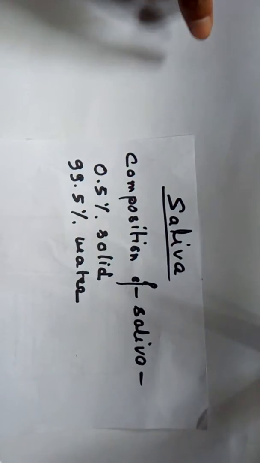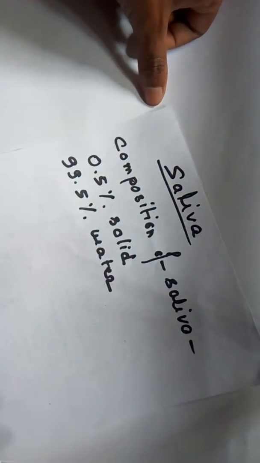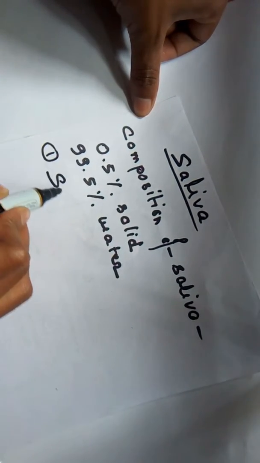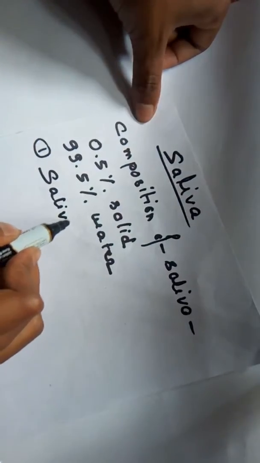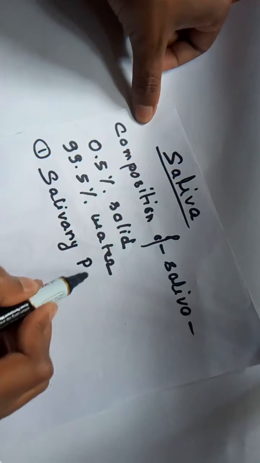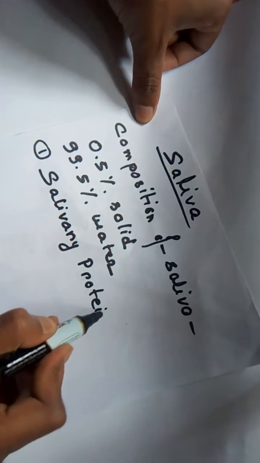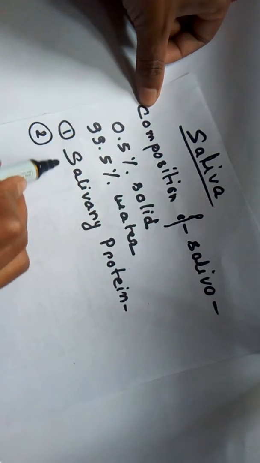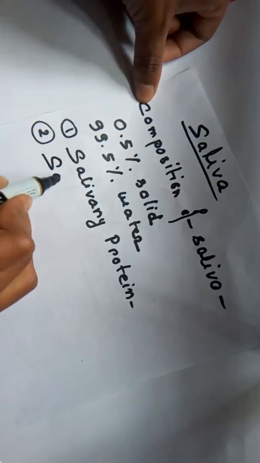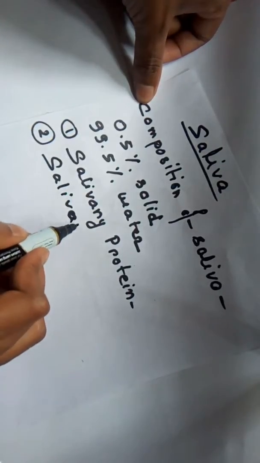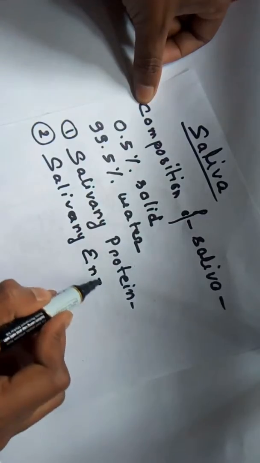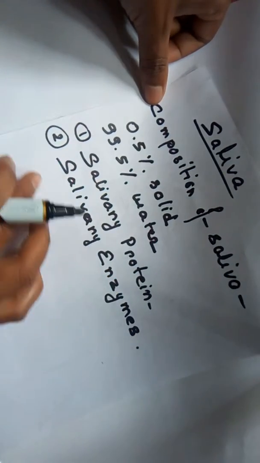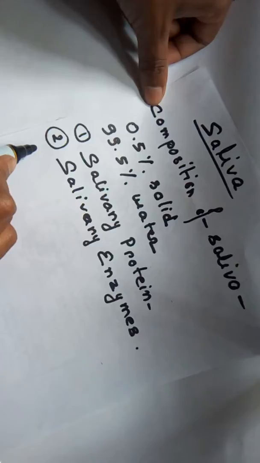The organic substances present in saliva are: number one, salivary protein. Number two, salivary enzymes. Number three, kallikrein.